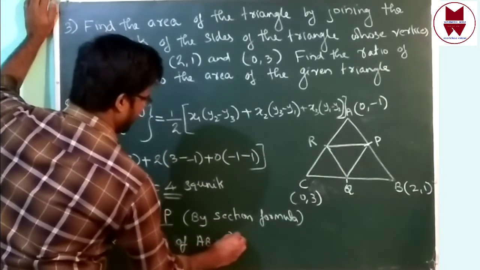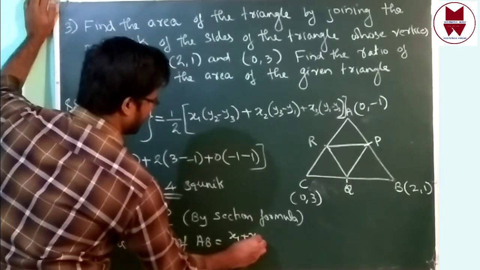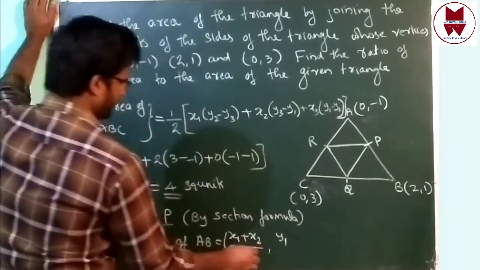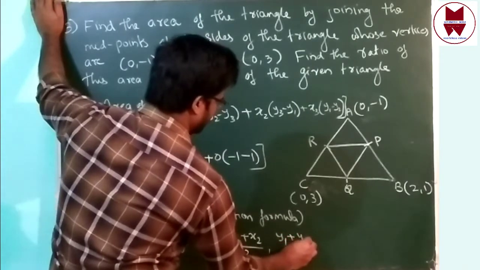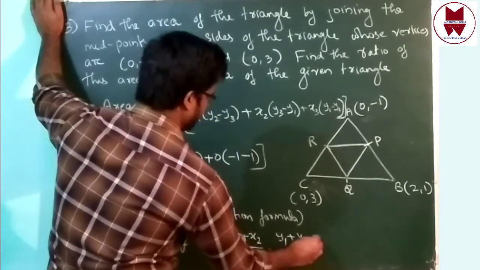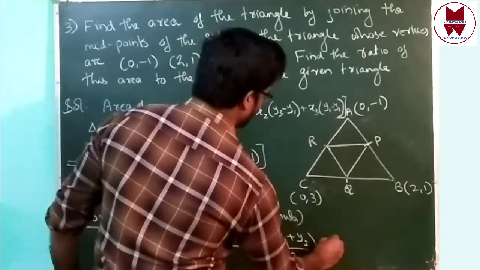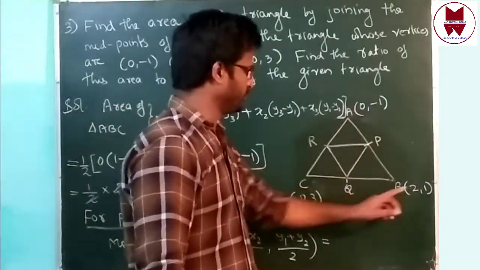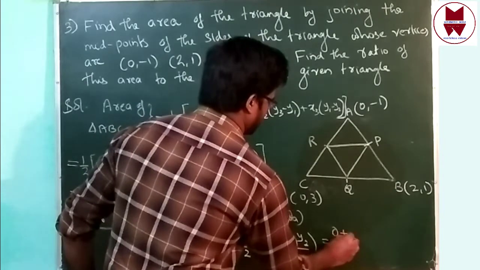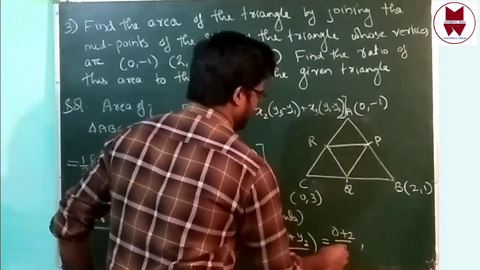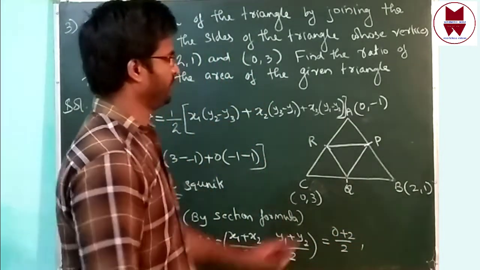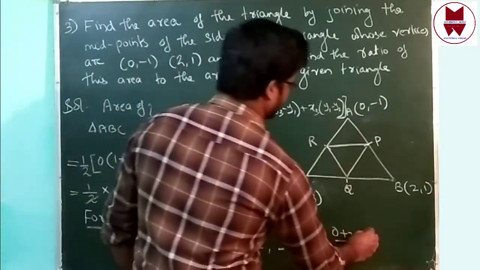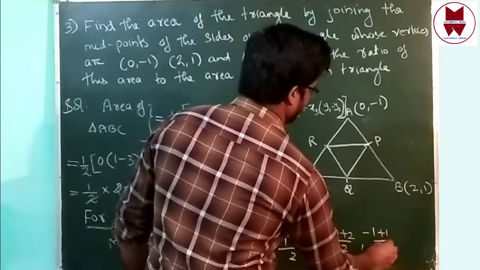We can use x1 plus x2 divided by 2, then y1 plus y2 divided by 2, equals x1 plus x2, that is 0 plus 2, divided by 2, then y1 plus y2, y1 is minus 1 plus 1, divided by 2.